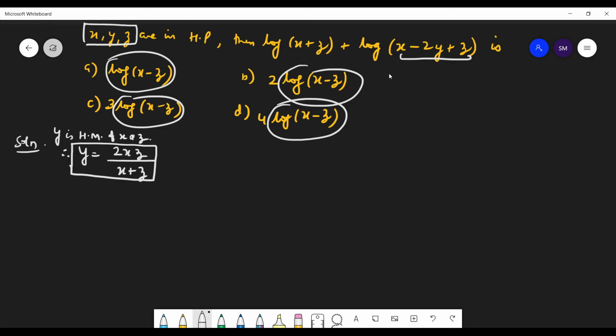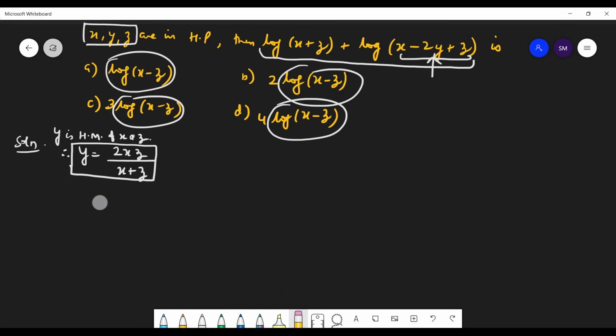Now see, here you have 2y if you want to solve it, because you need to solve this. That's your target. So log of... or you can put the log later on also.